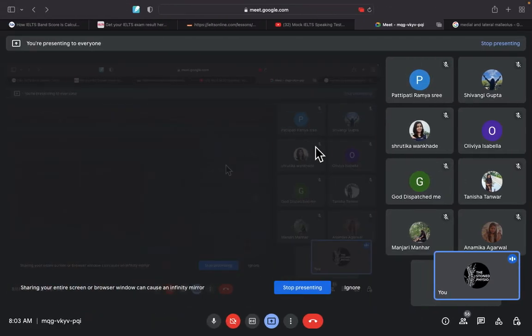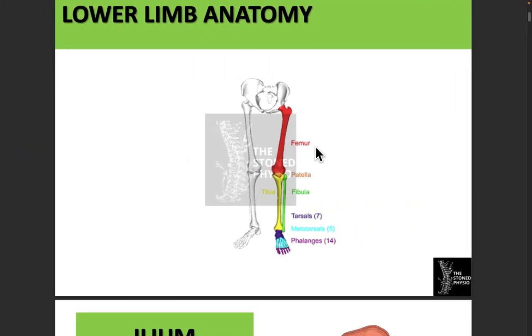Okay, now the thing is, this is a very interesting question. Let's say a person has a true leg length difference, let's say there is a fracture at the femur at this particular point, and because of that the length of this leg has decreased as compared to this one. So okay, we understand that if we measure it from the ASIS up to the medial malleolus on both sides, the length on the affected side will be less than this one, and we can easily say that is a true leg length difference.